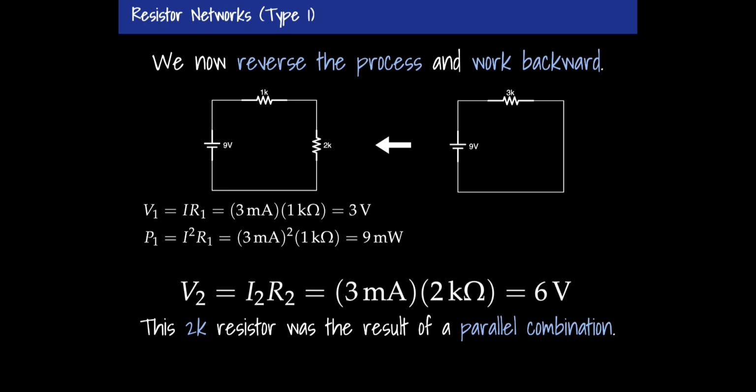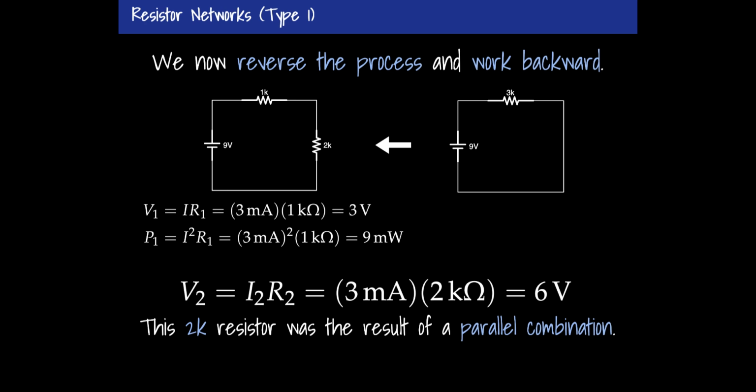But it could be that this resistor represents something that does useful work. It could be an electric motor, for example, and that is where that 9 milliwatts of power is going. But I just want to keep track of the power because remember, I started with 27 milliwatts of power, and there I've just used up 9. If the law of conservation of energy holds, I only have a certain amount of power, and it's got to satisfy all of the requirements of the circuit.